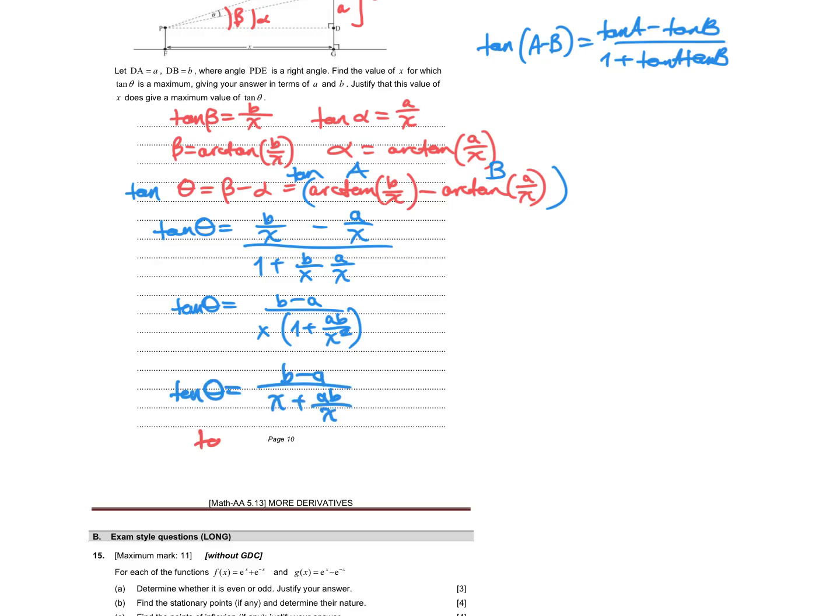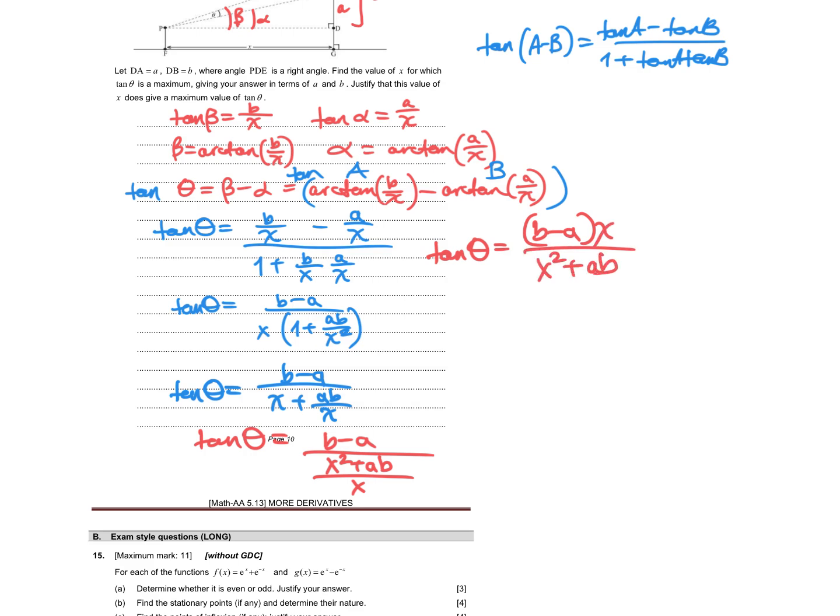Okay, so if we rewrite this with the same denominator, x squared plus AB over x, we have tangent theta equals B minus A multiplying by the denominator, x over x squared plus AB. So now we can do the derivative, because they want when tangent theta, not theta, is a maximum.